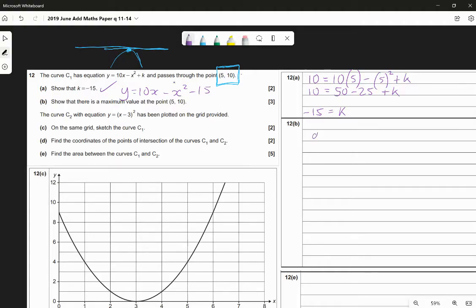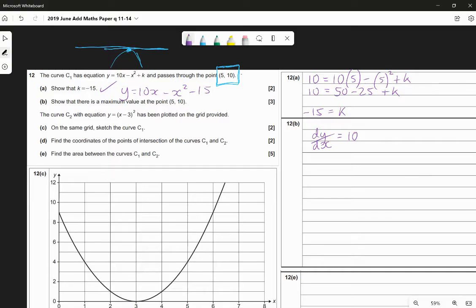So let's do that. dy by dx is equal to, now when I differentiate, 10x differentiates to 10 because x to the power of 1, the power goes in front, so 1 multiplied by 10, and then the power drops by 1. From x to the power of 1, it becomes x to the power of 0, and x to the power of 0 is just a number 1. So 10x differentiates to 10.